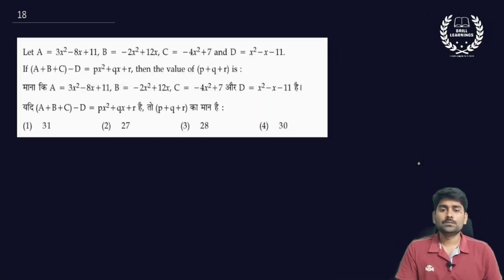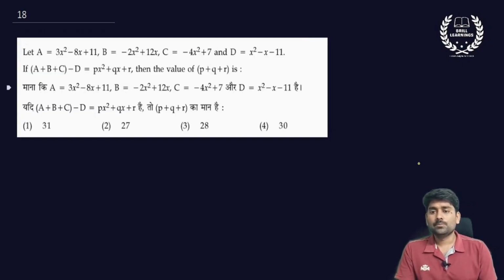Let a, b, c, d, they have given a, b, c, d values. If a plus b plus c is equal to px square plus qx plus r, we need a plus b plus c minus d.